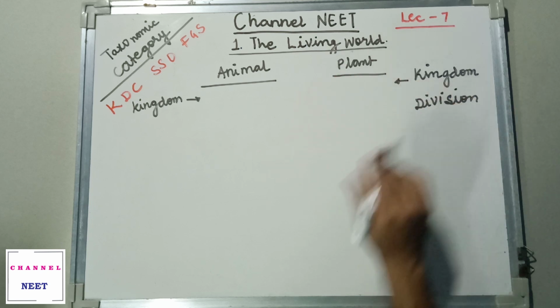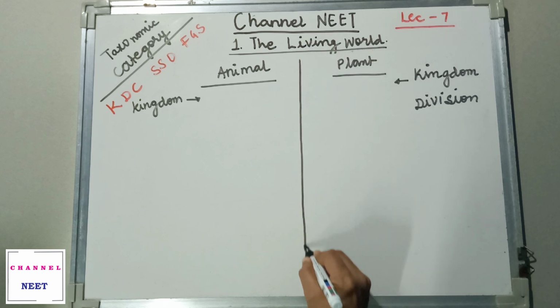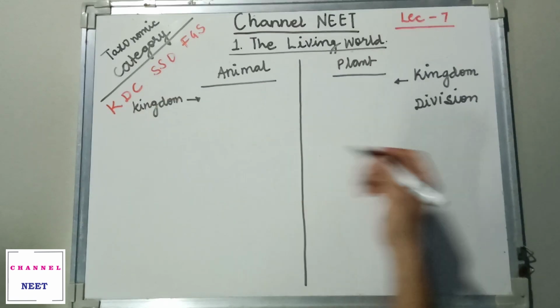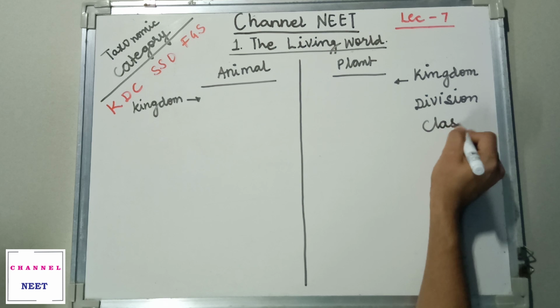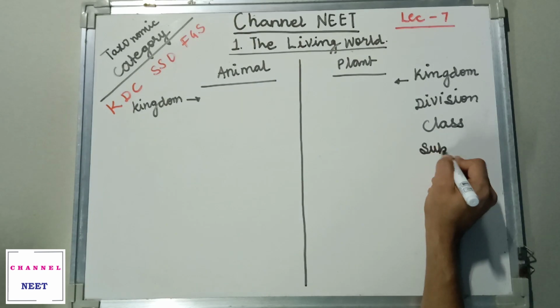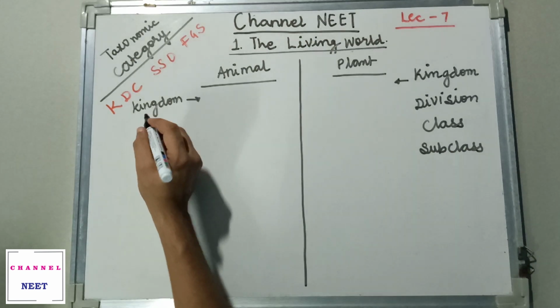With respect to the plant, I just make a partition so that you understand. So K, D, C: that becomes class. The S becomes subclass. I'll revise it here.